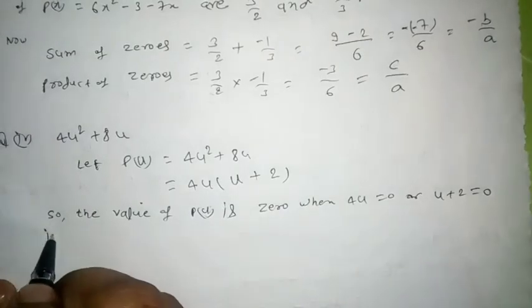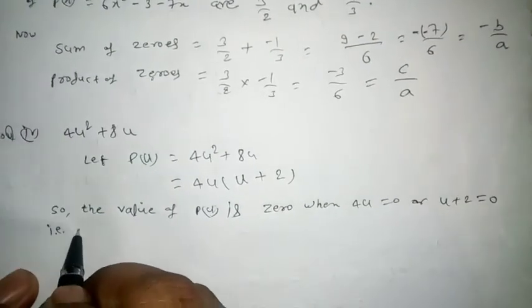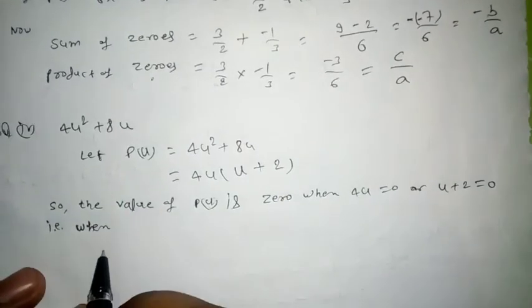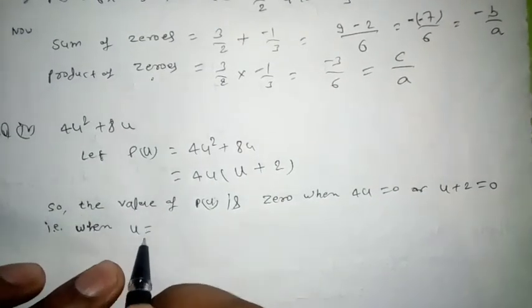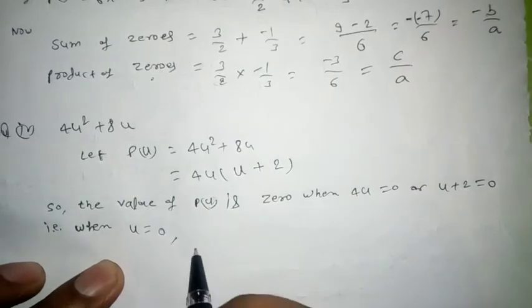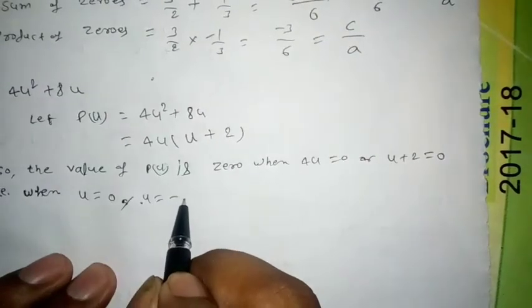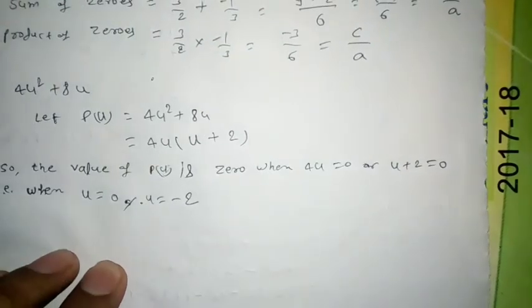That is when u is equal to 0 by 4 is equal to 0 or u is equal to plus 2, go to other side, minus 2.